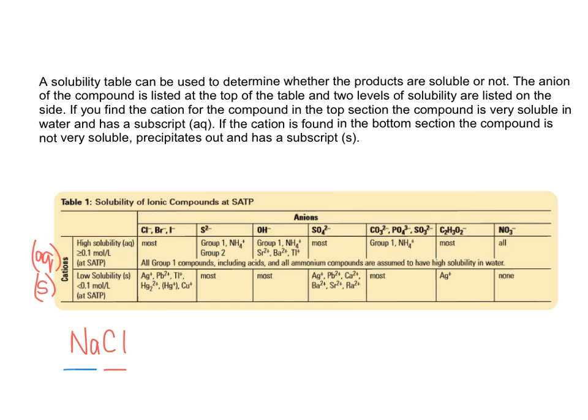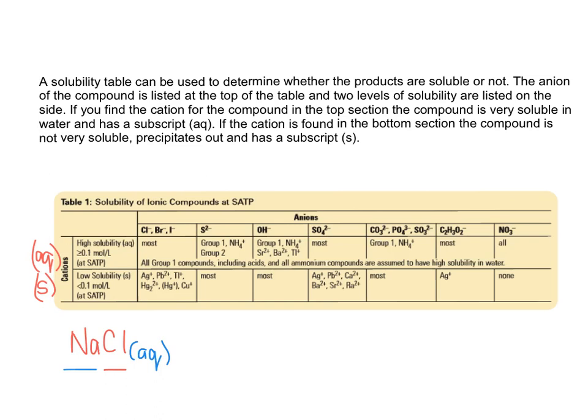It's an alkali metal, so it is categorized as high solubility with compounds. If you had low solubility, you would be one of these 6 down here. So sodium chloride then is found at the top, so its subscript will be AQ. It's highly soluble.